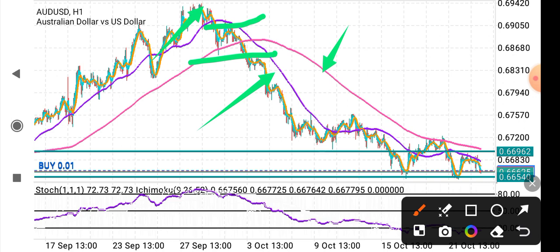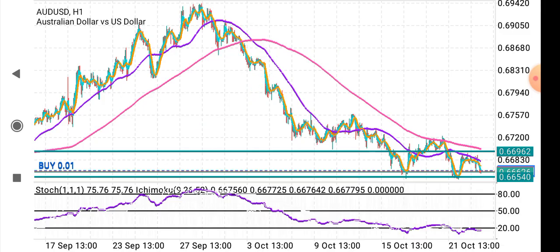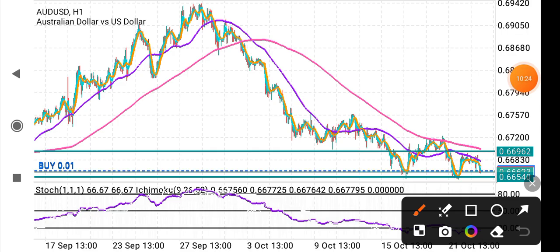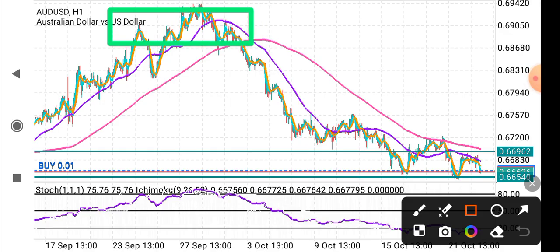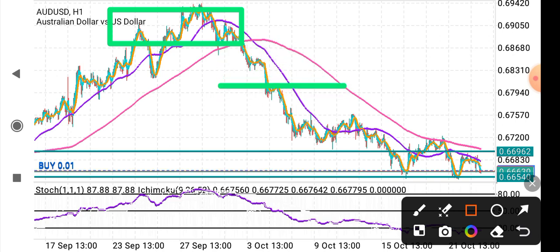Because in market we usually have exponential. In market we have different parts of the market. We usually have reaccumulation phase, and then exponential phase.